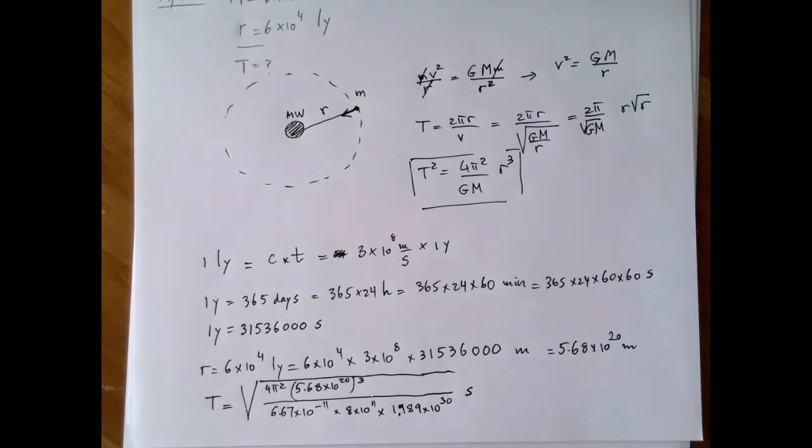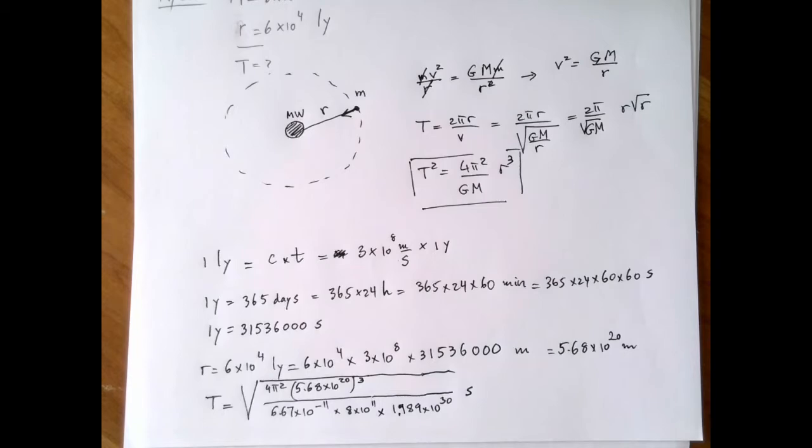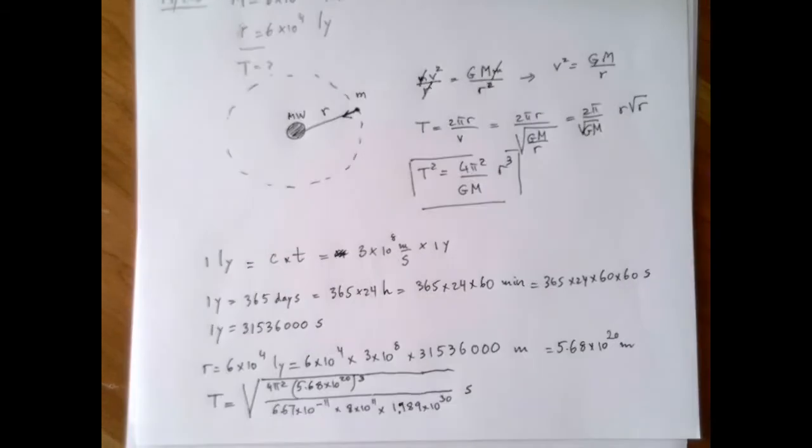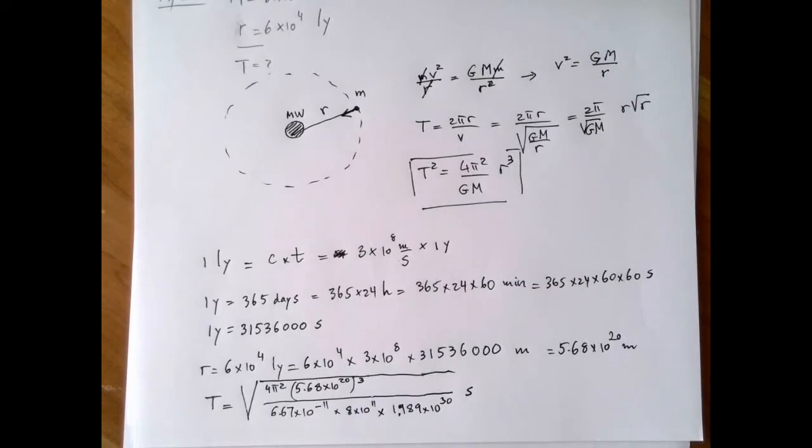So if we plug in all these numbers, let's see what we get. 4 times pi squared times this one cubed divided by this times 8 times 10 to the 11th times 1.989 times 10 to the 30th. I get something, and then I need the square root of that.